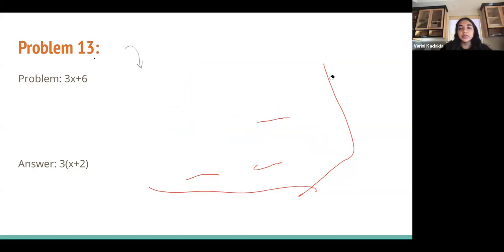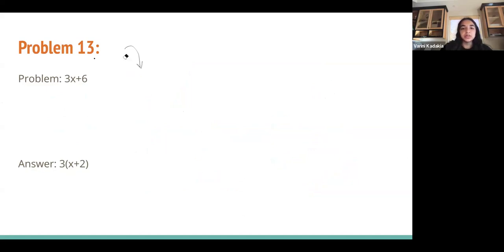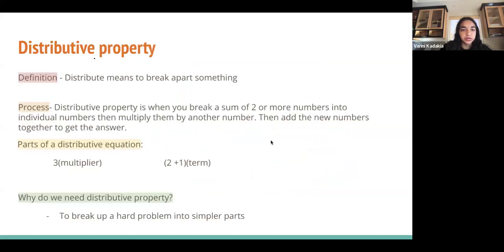The next topic is basically going to be doing the reverse of this. So we're going to skip this question. Okay, so we're going to do the distributive property. Basically, when we factored something, we got some number times x plus some other number, right?